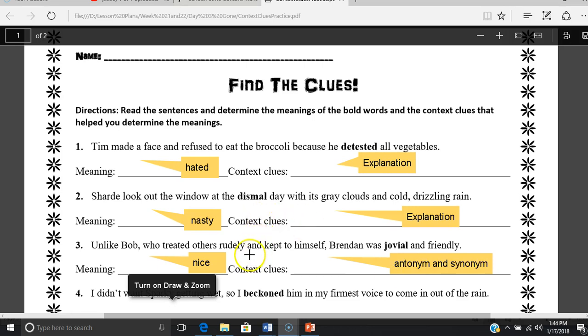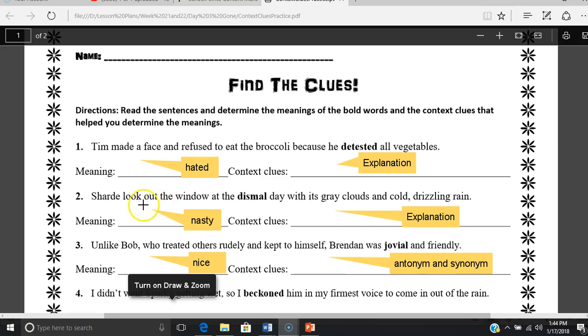If I wanted to check myself, I could just put this word into that spot and make sure that the sentence still makes sense. Unlike Bob, who treated others rudely and kept to himself, Brendan was nice and friendly. Yes, still makes sense. Let's try nasty in this spot.